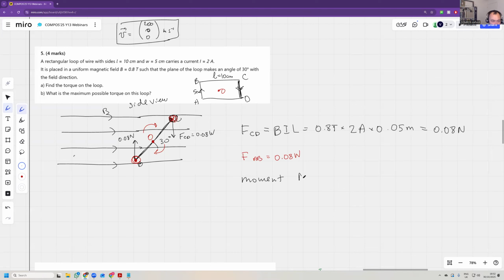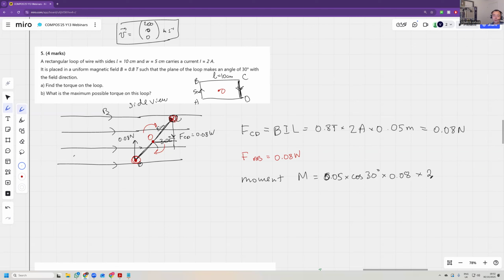Okay, so the moment is, this is the distance. So this is the perpendicular distance to the pivot. So this is 5 centimeters, 5 centimeters times cos 30. So moment is 0.05 times cos 30 degrees, multiplied by the force, 0.08, and multiplied by 2 because it's twice the moment, right?